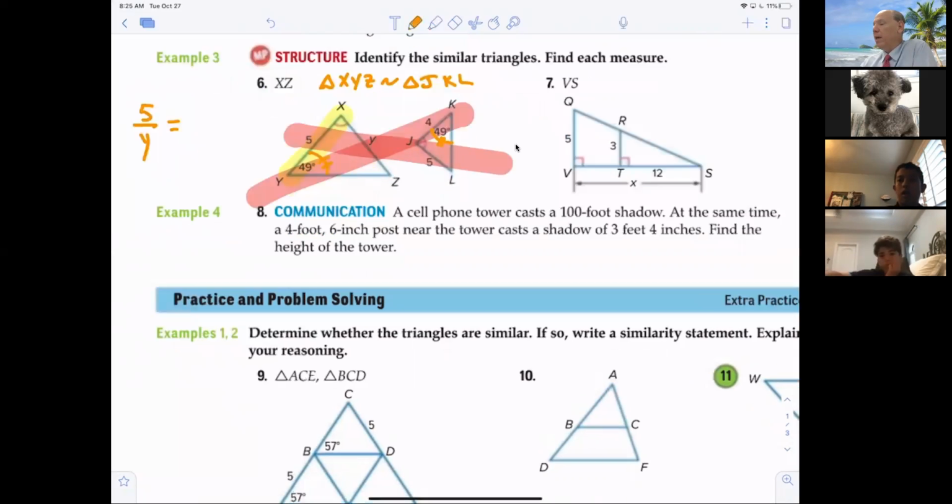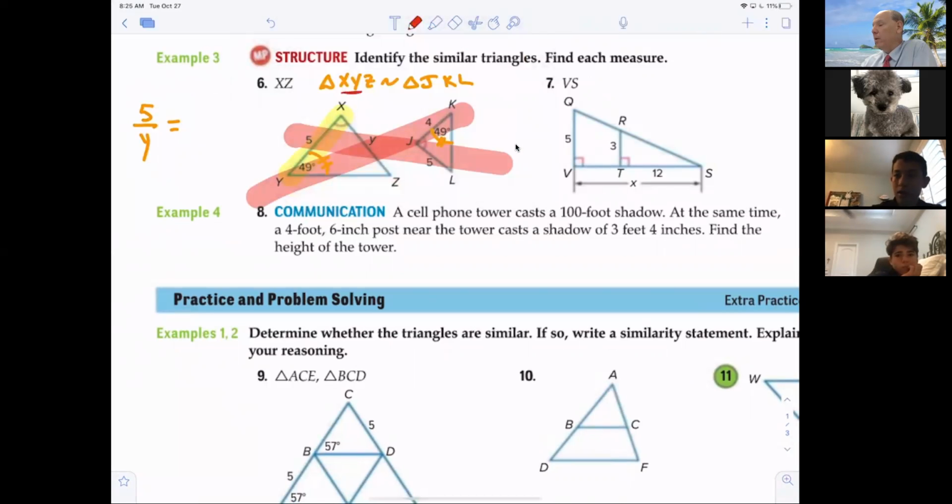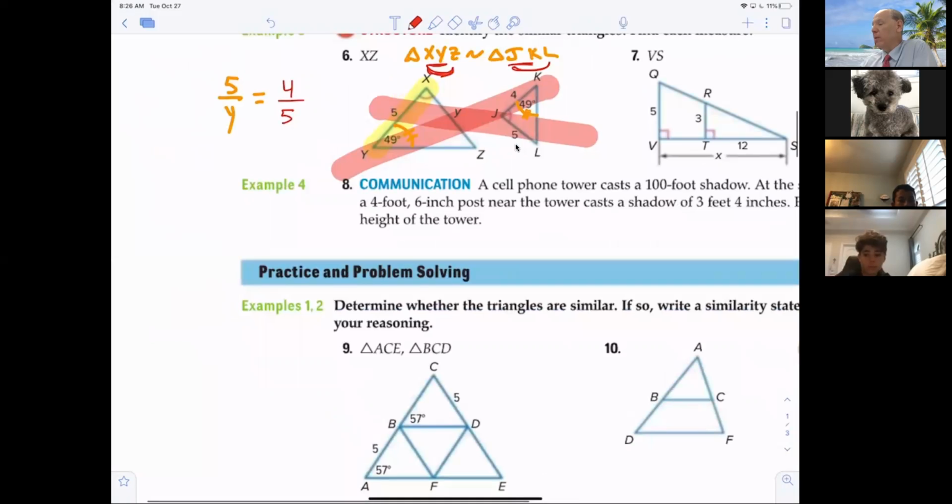So XY, if you're looking carefully, corresponds to what? So what is JK? 4 over. And then I say that the Y is XZ. So XZ corresponds to what? JL. And JL is what? 5. So once we have it set up, everybody should be able to look at that and just say Y equals 25/4, right?